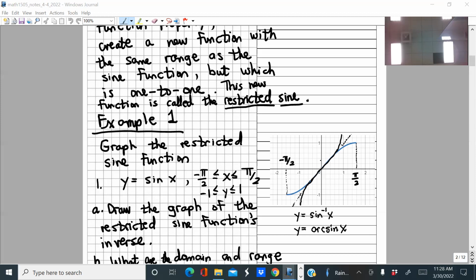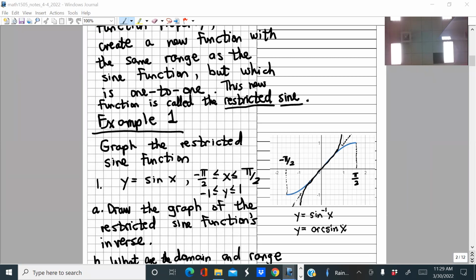Now, what about the inverse function? Here's our name for the inverse of the restricted sine function. You can call it sine -1 using that -1 notation. But this function has actually been in use long before modern function notation was created, so the inverse of the sine function has a special name.